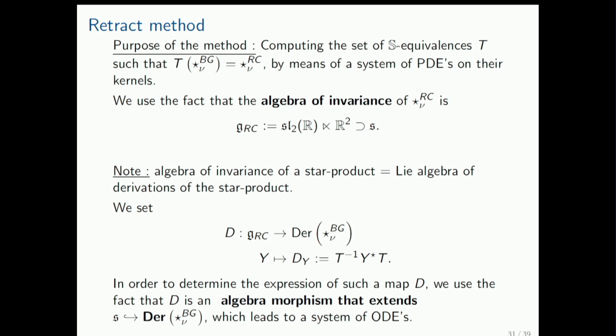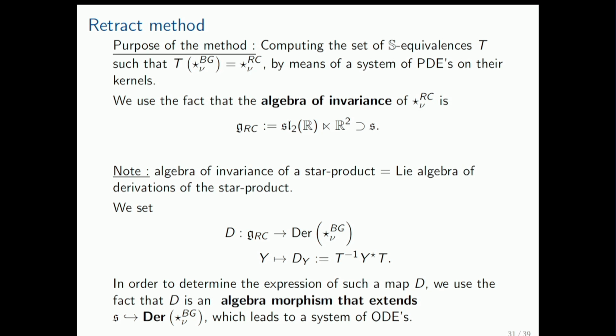For that, we will use what we call a retract method. Just for your information, there is a dedicated paper on this subject in the preceding volume, I think, so you can take a look at the construction in general. Here we apply this methodology to the case of Rankin-Cohen.